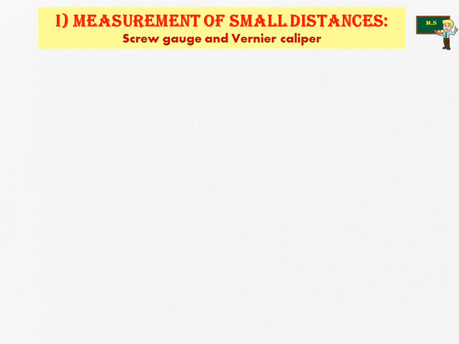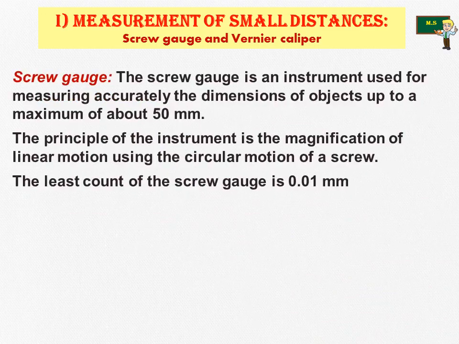Then, measurement of small distances. If you have a scale or if you have a tape, you can measure long distances. But for the small distances, we use screw gauge and vernier caliper. Screw gauge is an instrument used for measuring accurately the dimensions of objects up to a maximum of about 50 millimeter.